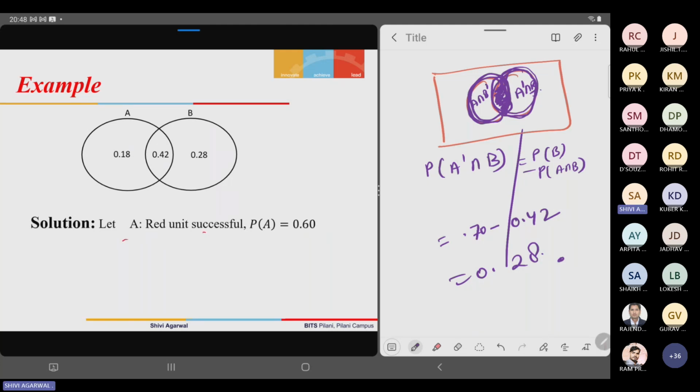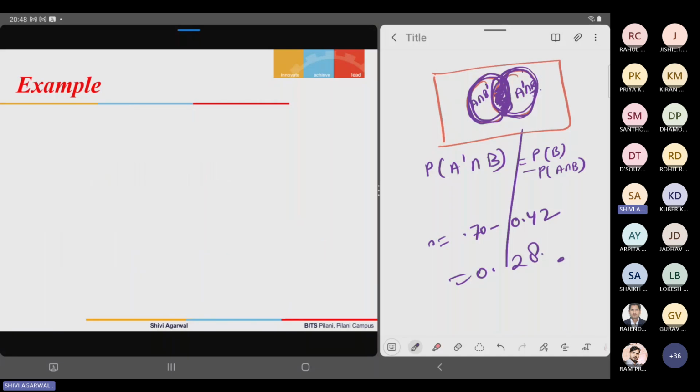A is the event that the project is successful and the probability of A is 0.60. The solution is given like this. We have already done this part.